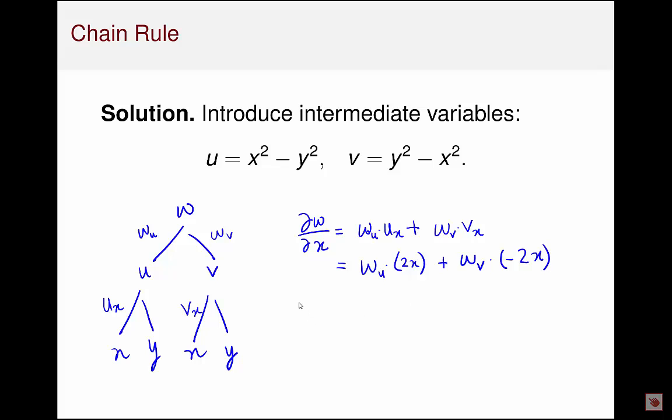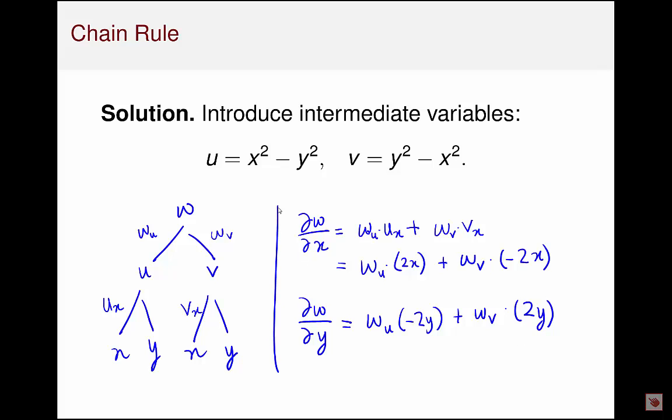Okay, so by a similar argument, we can write down the expression for dw/dy using the chain rule. This time it will be w_u u_y, which is minus 2y, plus w_v times v_y, which is 2y.